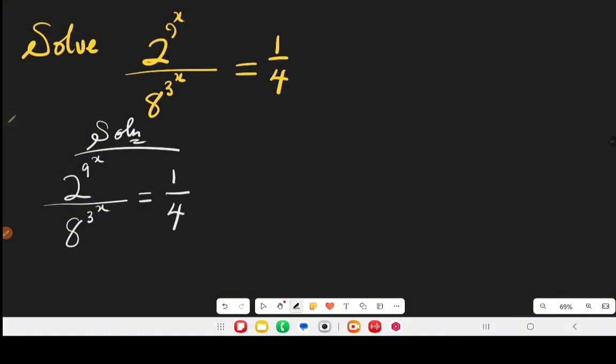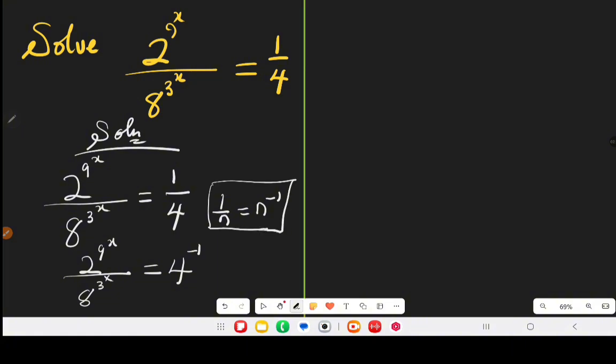We can write this as 2 raised to the power of 9 raised to the power of x, all over 8 raised to the power of 3 raised to the power of x, equal to 4 raised to the power of minus 1. Because in law of indices, whenever we have 1 over n, it can be written as n raised to the power of minus 1, which we have applied here.